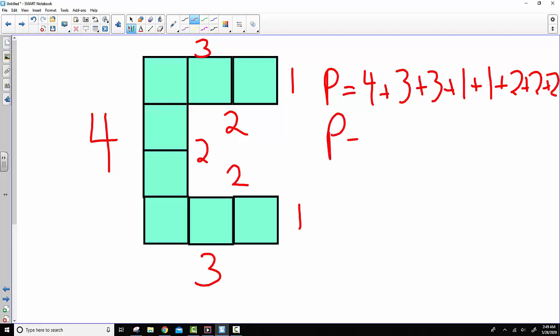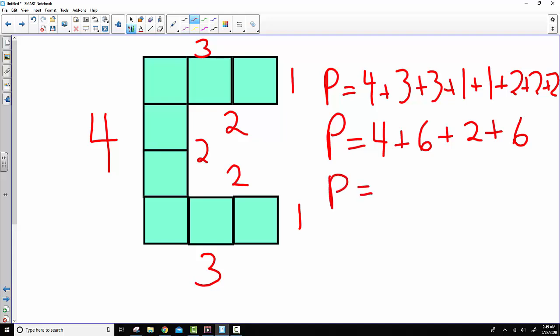So our perimeter, let's just add together some of the numbers to make it easier. We have our 4, and the 3 plus 3 is a 6. The 1 plus 1 is 2. And then our 2 plus 2 plus 2 is 6. So we'll keep narrowing this down.